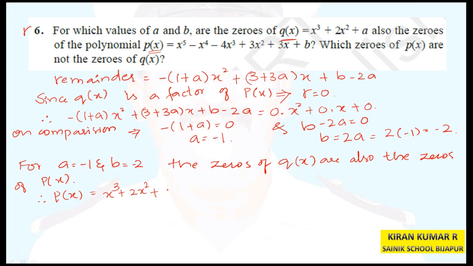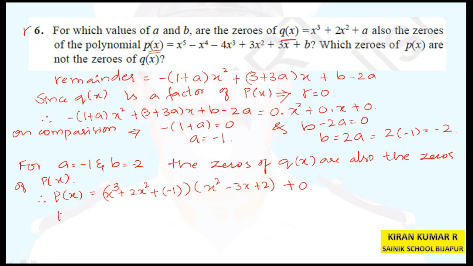Instead of a, I'll replace it with -1 into quotient. Quotient is x square minus 3x plus 2 plus the remainder. You know, since it is a factor, remainder is 0.